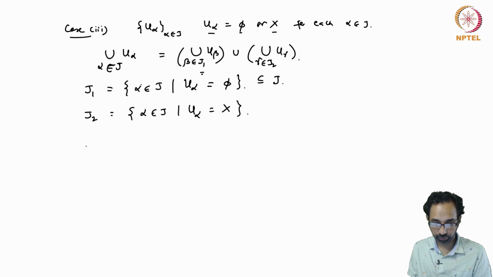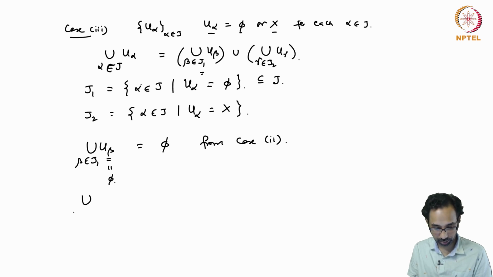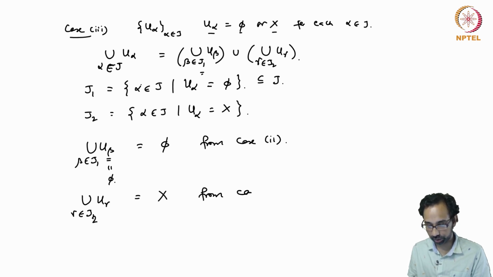And so when you take the union over J1 of these u betas, it means that all these u betas are the empty set. We have seen already from case 2 that this is empty. Similarly, you have the u gammas from J2, the union over J2, and this must be the entire space X from case 1. And so we have the union of two different sets.